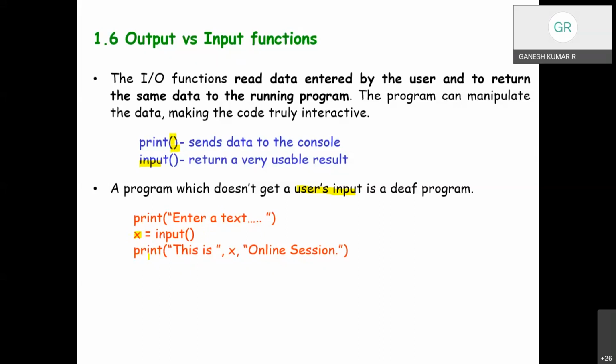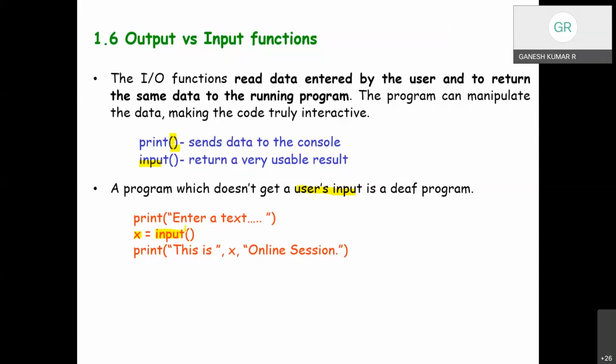Print sends data to the console, so it is an output function, and input is an input function that accepts the data and returns the usable result. The input function takes the input and returns a usable result.